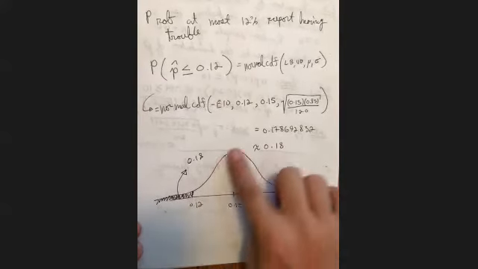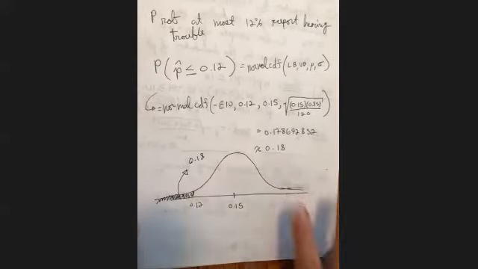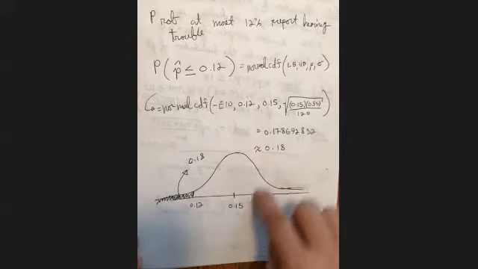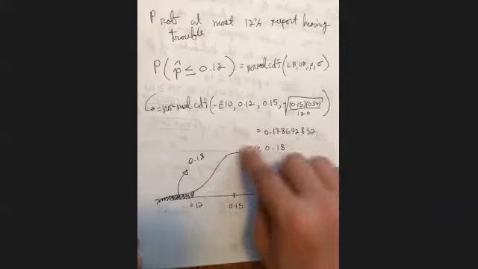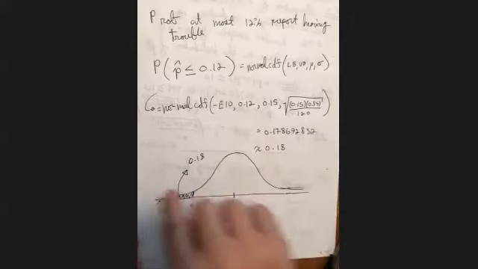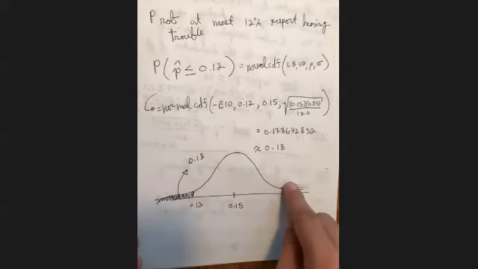This distribution represents all possible samples that you can take from the population, or it represents the sample proportions for all possible samples. So most samples will have sample proportions that fall within this area, the big hump. But there are some sample proportions that fall outside of that hump.